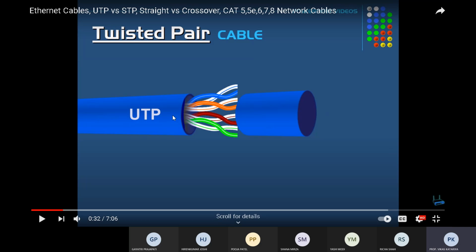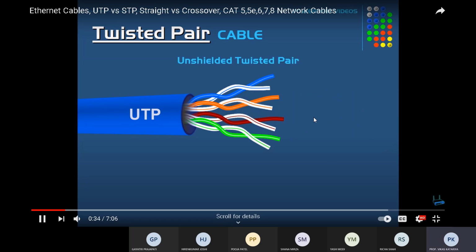Now this is the way, if you purchase an unshielded twisted pair from the market, there is a crimping tool. You have to crimp, or you have to strip this cable in this way, right? This is unshielded twisted pair cable which has no shield inside the cache.